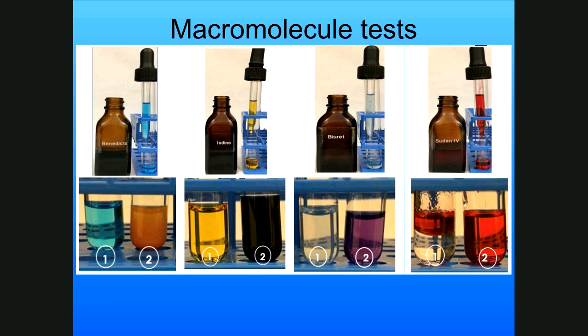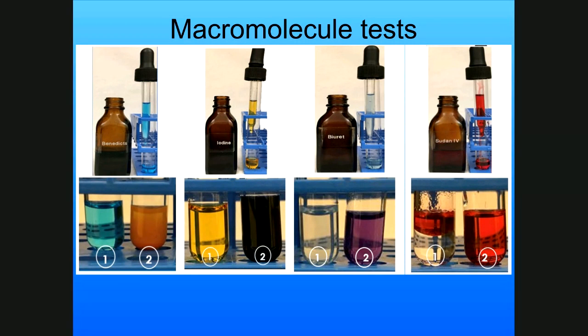If starch is present and you add iodine to the solution, it turns black. So a positive result is black. Then you have biuret reagent, which tests for protein. It's a light blue color when it starts out, and if there's protein present in the solution, it turns purple.